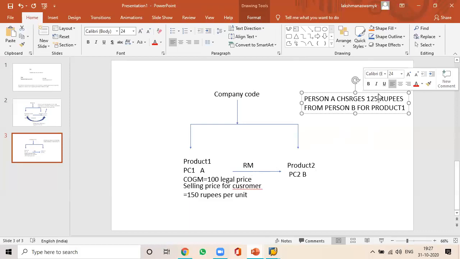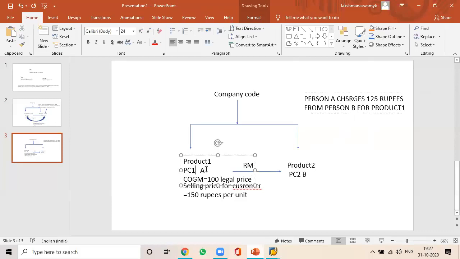This is called profit center valuation because both the profit centers are individually responsible for their profits. But if you consider the inventory of product 1 and product 2 at the company code level, again the markup price is to be eliminated.